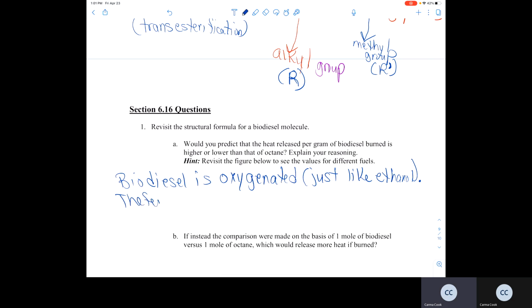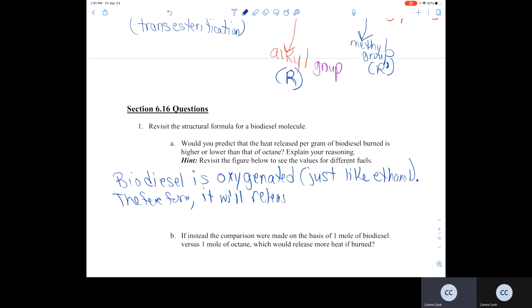So therefore, it will release less heat per gram than octane.